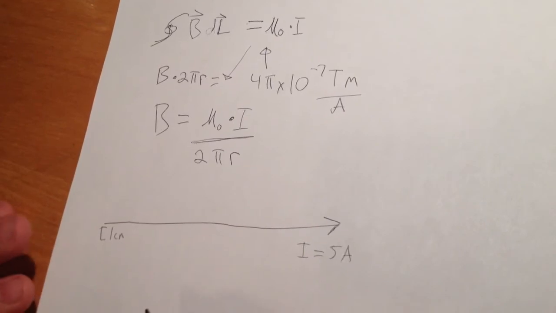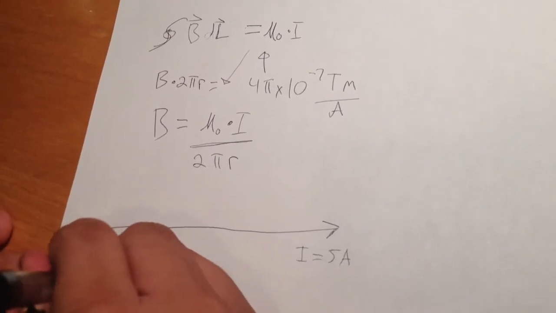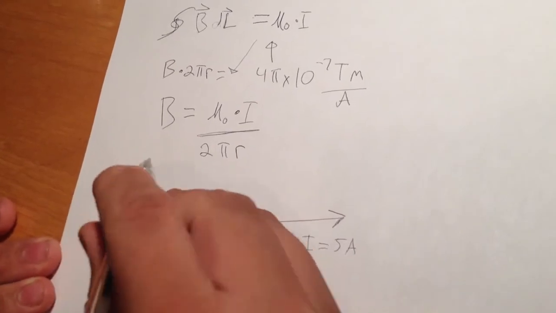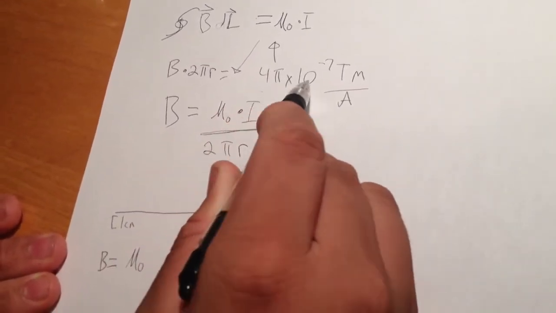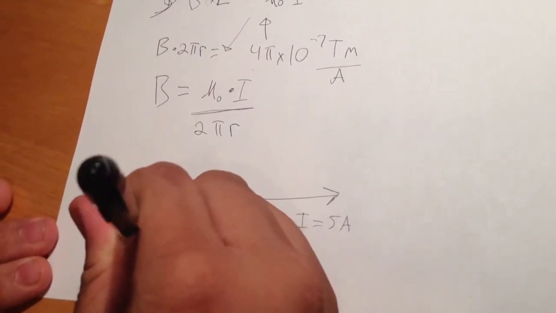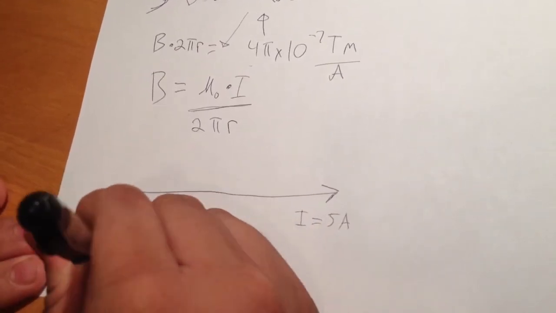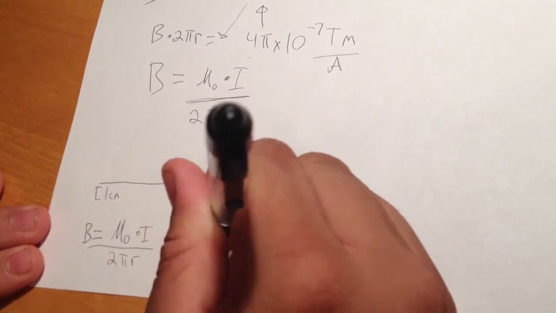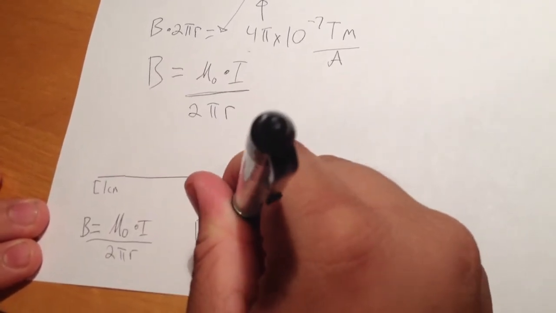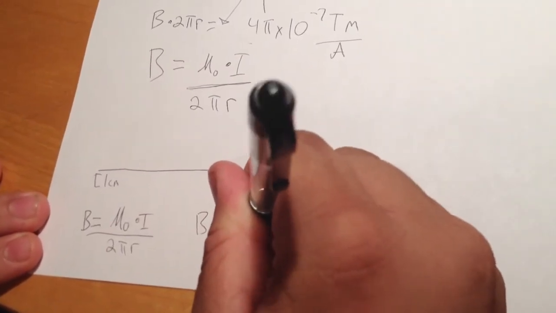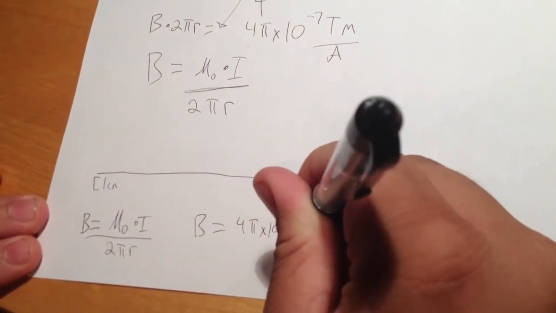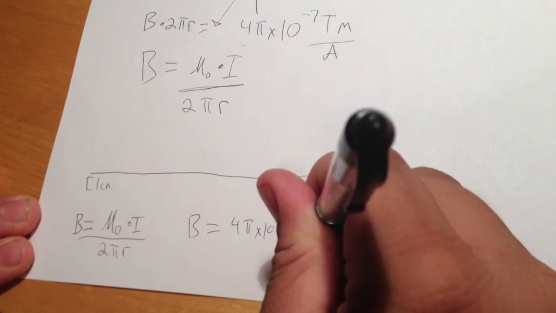So now let's use our equation. B is equal to mu naught, which is a constant, which I wrote up here, times I over 2 pi r. So B is equal to 4 pi times 10 to the negative 7 times 5 amps.